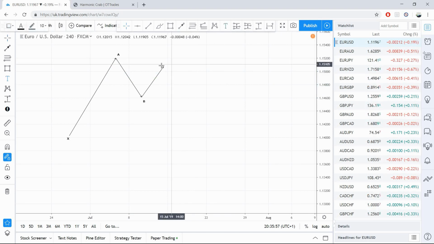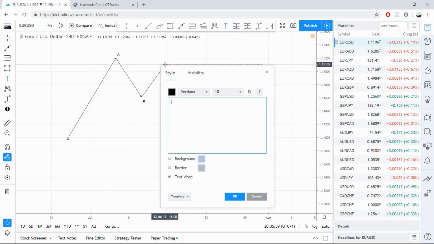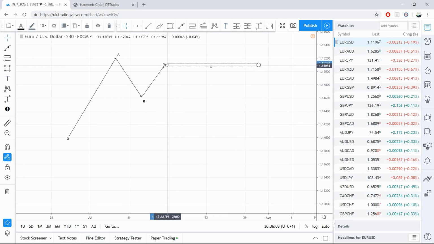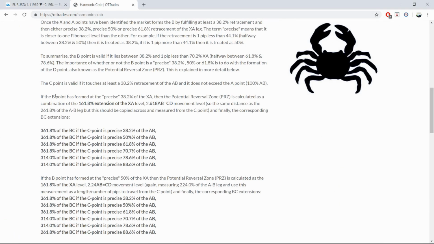Now moving on to the most complicated part of the pattern, the D point, also known as the PRZ, the potential reversal zone. So unlike the advanced patterns, the D point is actually formed up of three Fibonacci retracement or extension levels. This is then called the potential reversal zone, so a zone we're looking for the reversal to happen in, or PRZ.